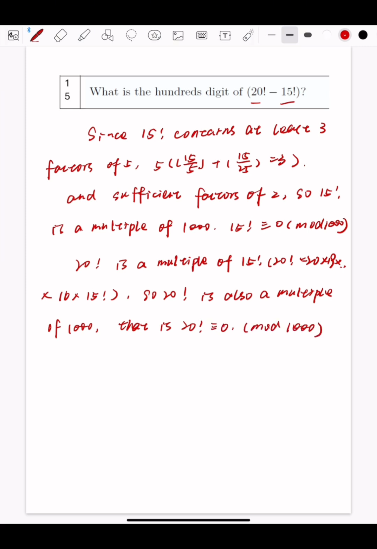And calculate the last 3 digits of the difference. So the hundreds digit is 0, and the answer is 0.